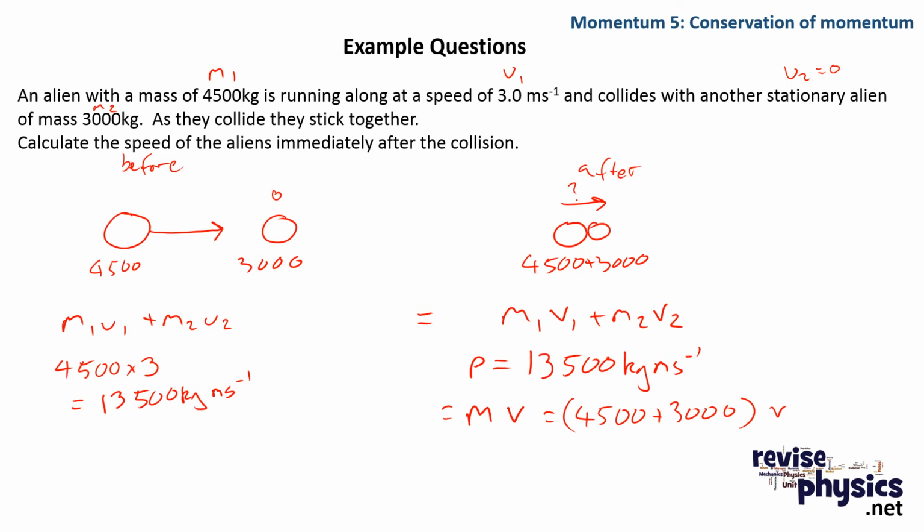That means that my v is simply going to be 13,500 divided by 4,500 plus 3,000. And when I plug those numbers in, I get a final velocity of 1.8 meters per second.